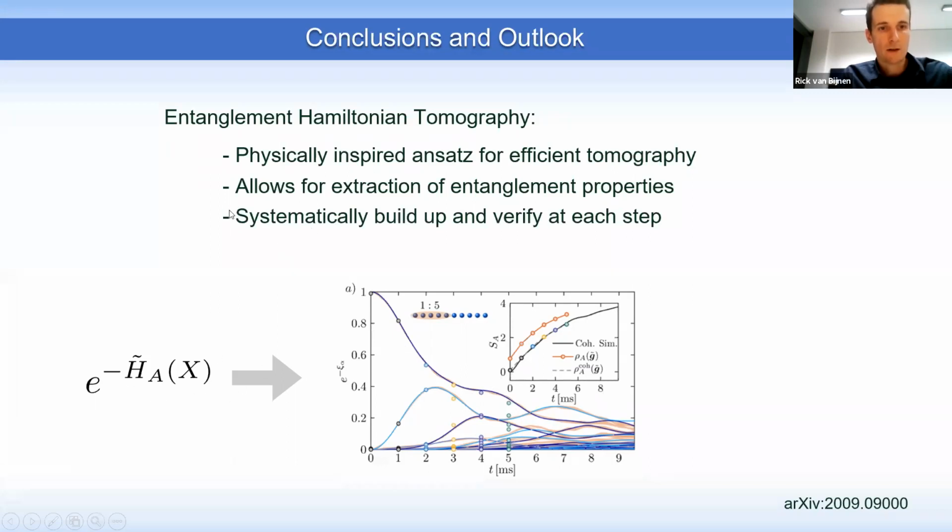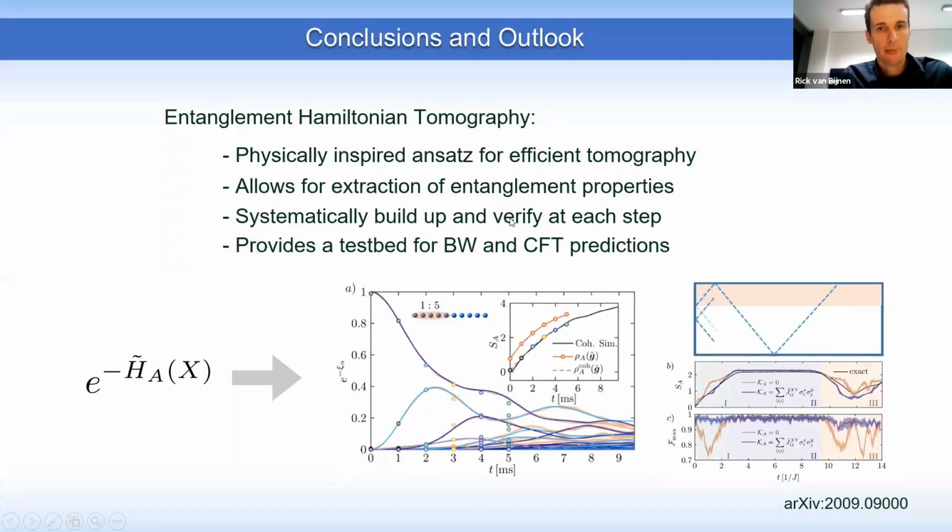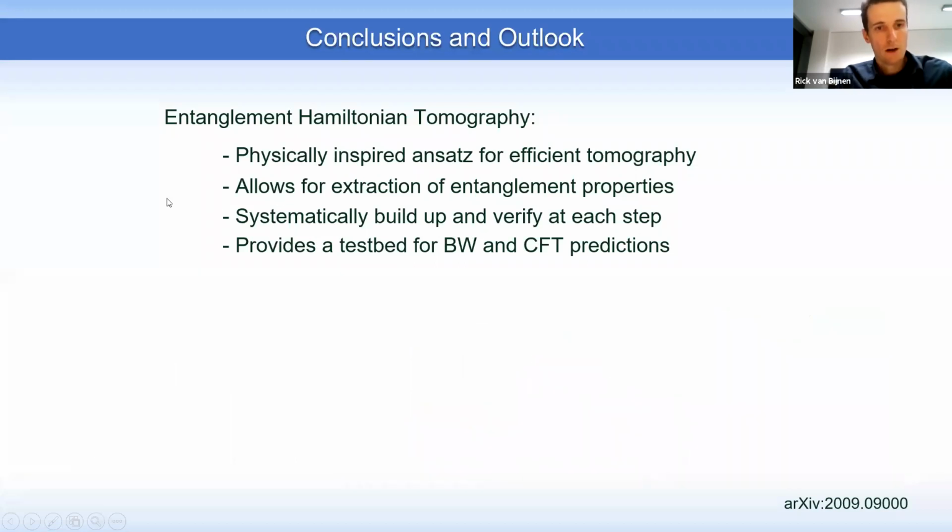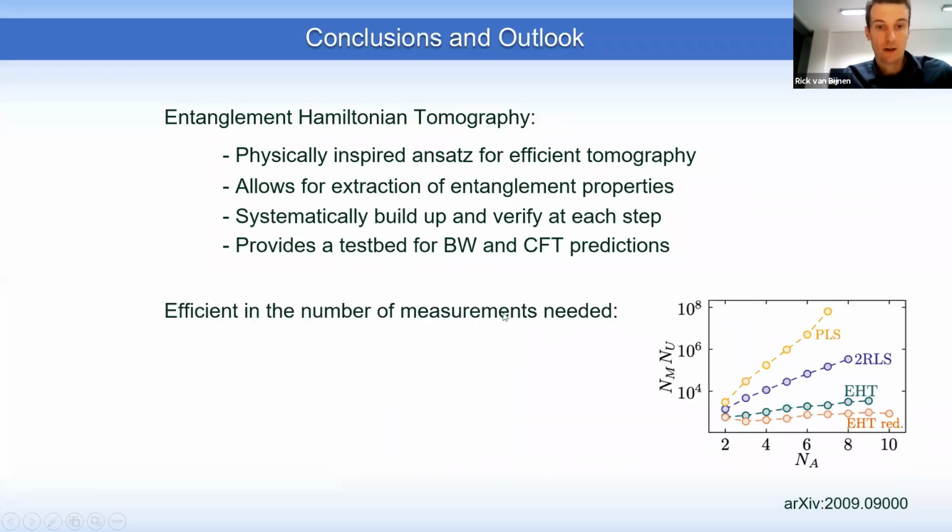This Ansatz, with our recipe, you can build up systematically, but importantly, you can also verify at each step. This also provides a method for testing Bisognano-Wichmann or CFT predictions in actual experiments, like we saw here. This is efficient in the number of measurements that we need.